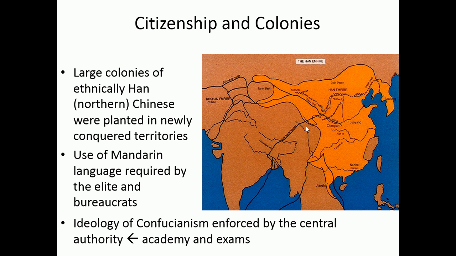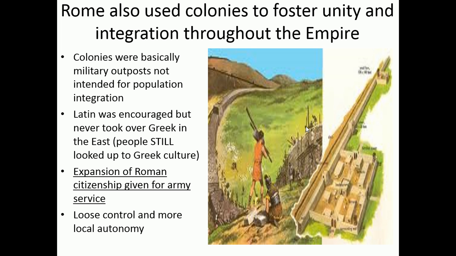So again, China's ability to centralize itself around their bureaucracy and around their ideology of Confucianism really left it as a pretty coherent whole. Again, anybody could participate in that exam system, and the ideology was spread through the elites and through the language throughout Chinese territory.